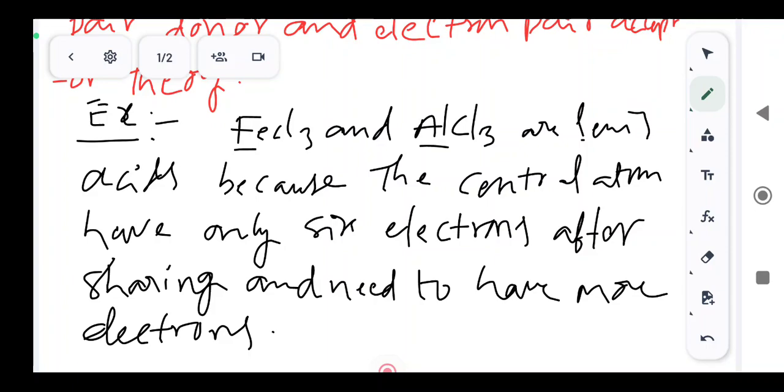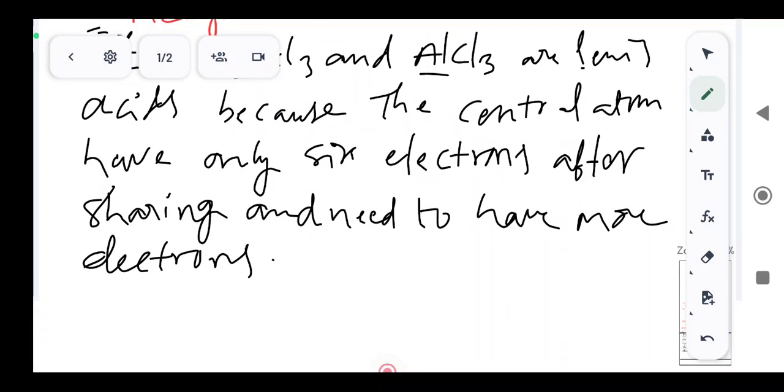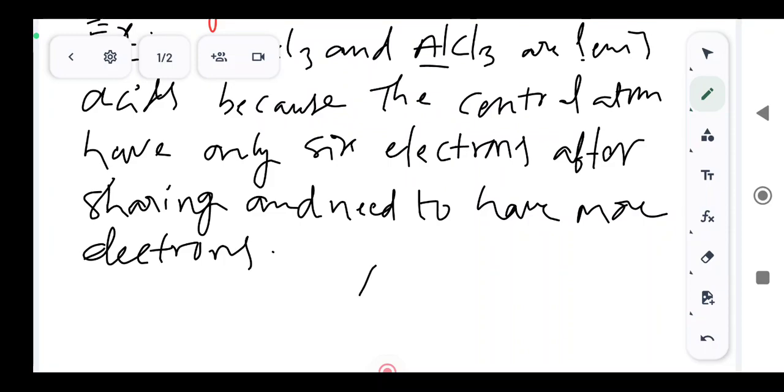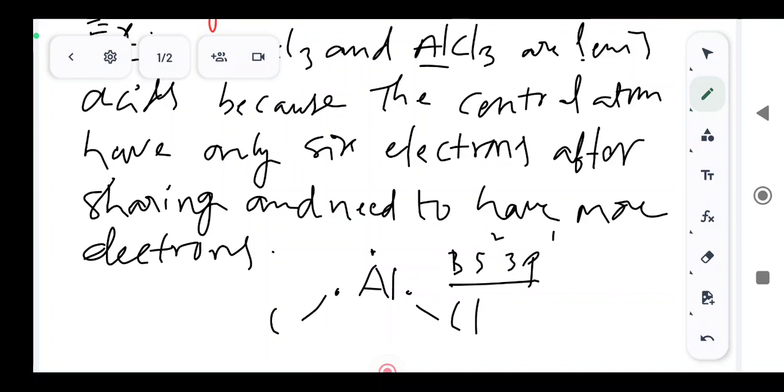So that is why it accepts electrons. For example, Al has only 3 valence electrons because atomic number is 13, so 3s2 3p1 is the last valence shell. This forms bonds with chlorine like this.